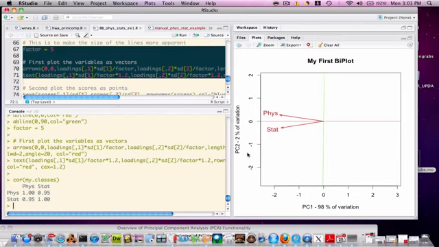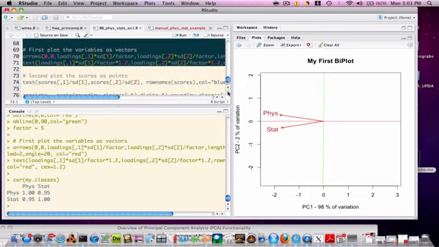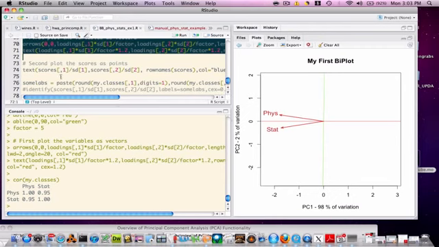We sort of already knew that when we plotted the data originally. So this angle is very small, meaning the correlation is quite large here. If the statistics vector were in an opposite direction, we could say that it's negatively correlated with the physics score. I'll talk a little bit more about this in a moment when we get into the interpretation, but I thought I'd point that out now.